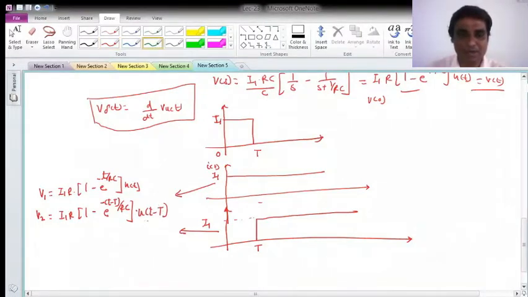Here note that I cannot write u of t. If I write u of t, it means the response is computed at t equal to 0.